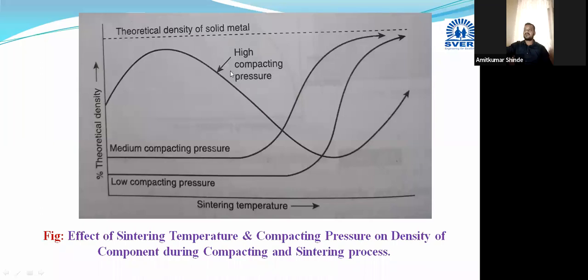High compacting pressure should be avoided. So this graph shows the most suitable is low or medium compacting pressure with high sintering temperature. Due to that, we will get the most desired density in that component. Approximate theoretical density values can be obtained. Exact theoretical density values cannot be obtained.